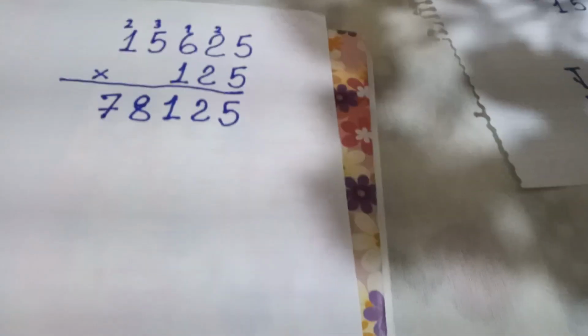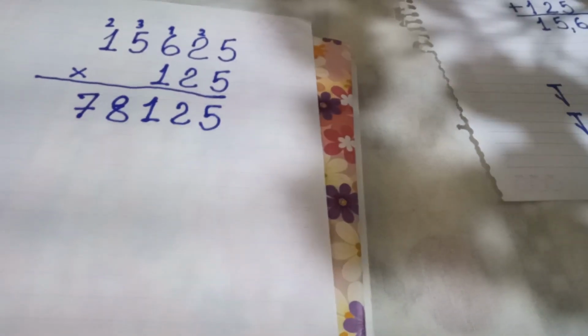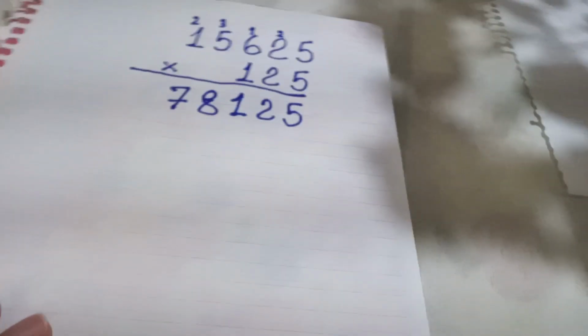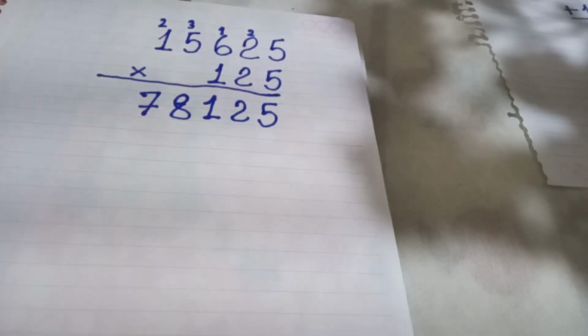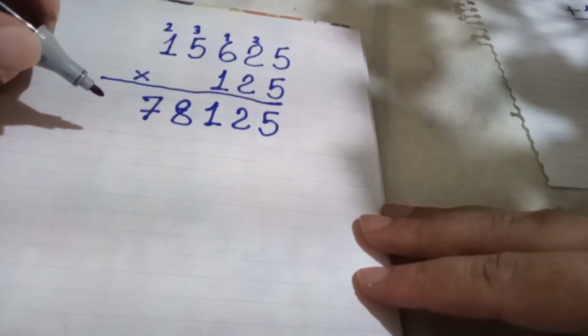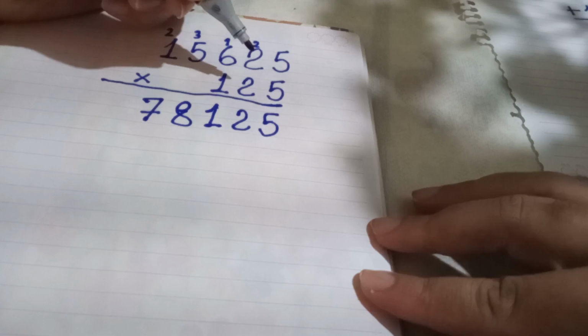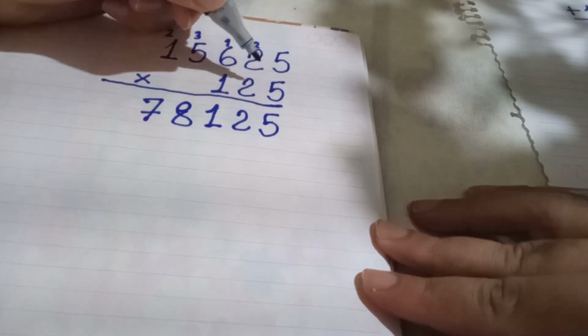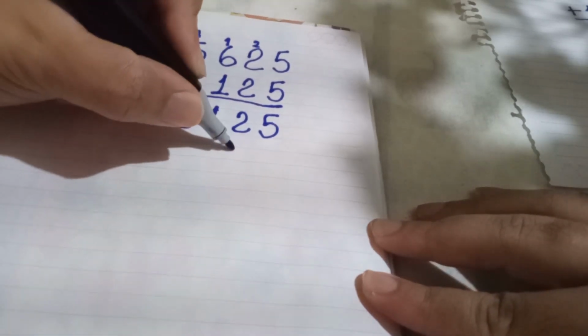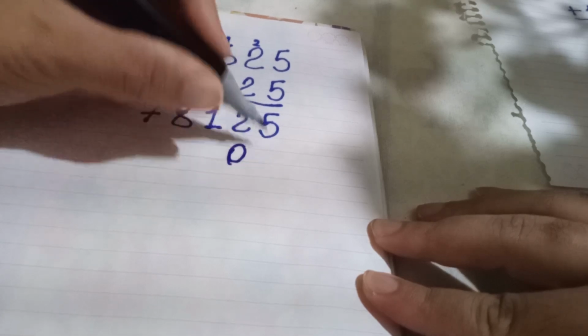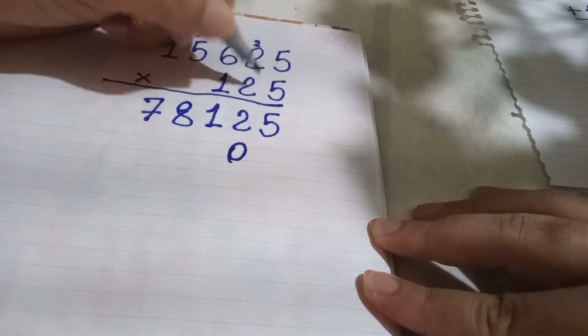Now, we will multiply by 2. Remember that we must move one place value in the result. 2 times 5, 10. The 0 stays below the 2 and the 1 goes above the next number to be multiplied. 2 times 2, 4, plus 1, 5.